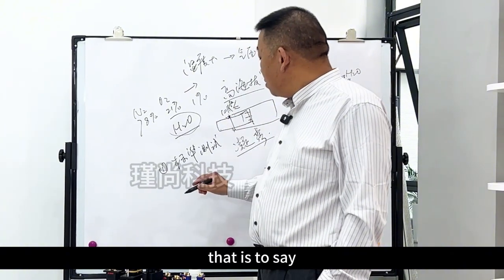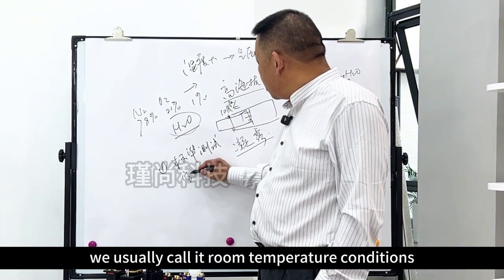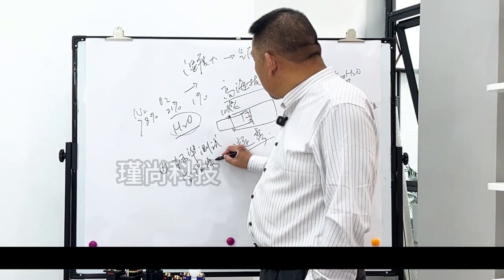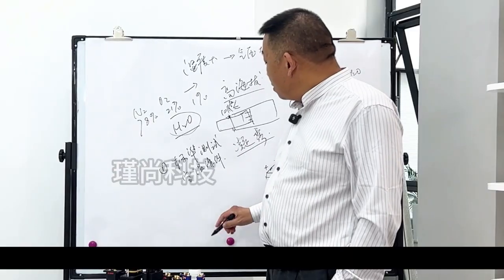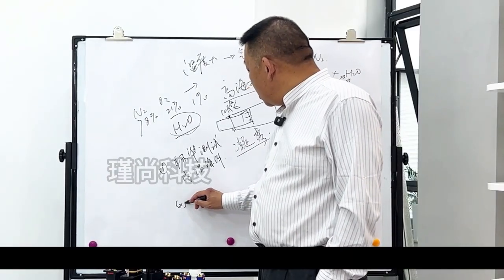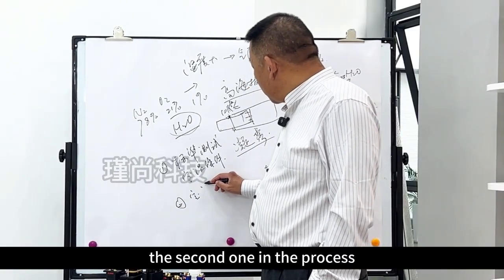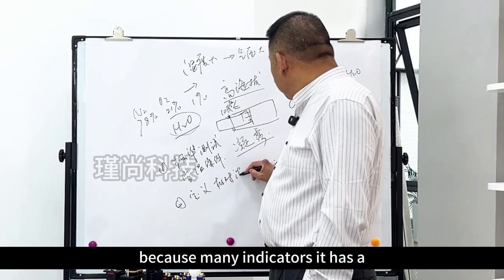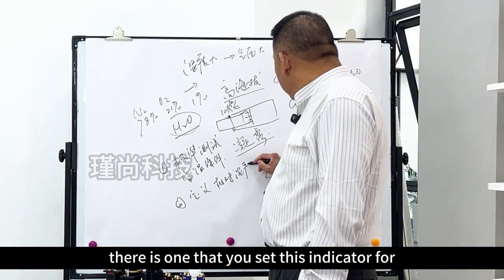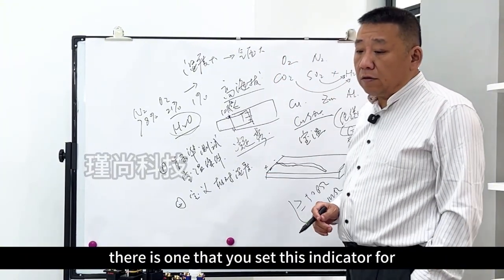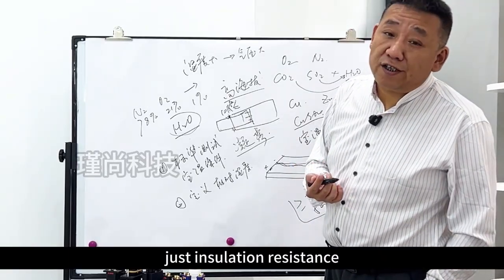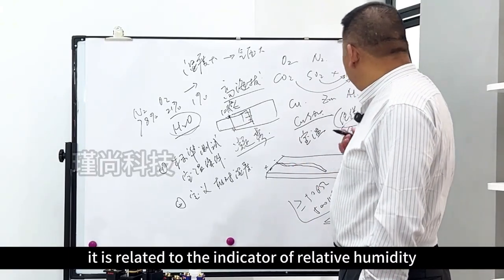That is to say, we usually call it room temperature conditions. The second is that in the process, we should define the relative humidity, because for many indicators there is a corresponding premise, and insulation resistance is related to the relative humidity indicator.